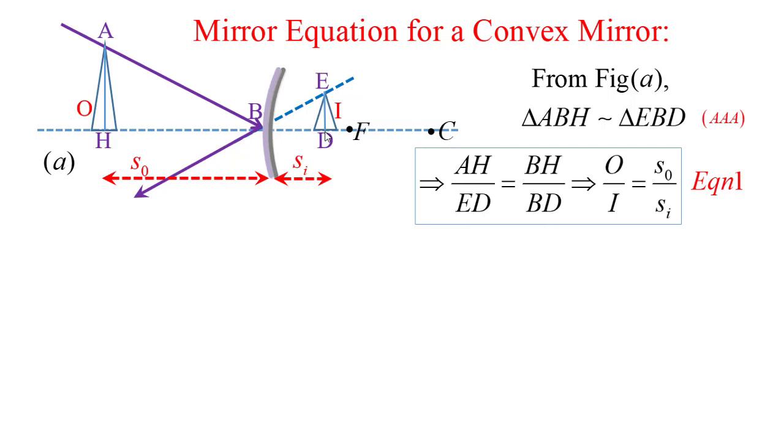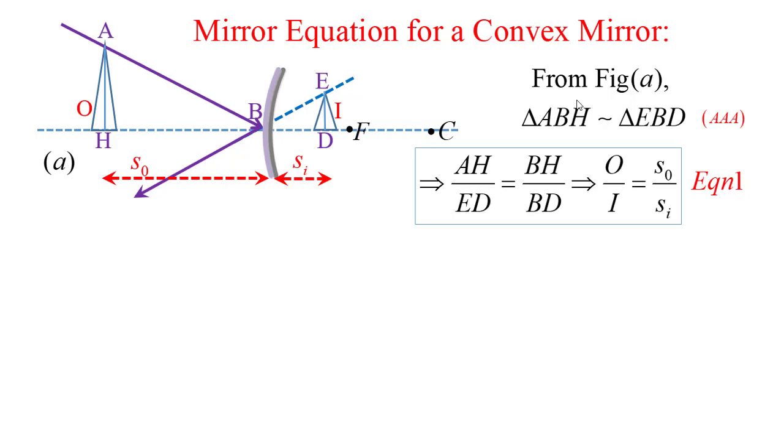Then, consequently, AH divided by ED is equal to BH divided by BD. Have your own time to verify that. This is simply coming from the fact that the ratio of the corresponding sides of similar triangles must be proportional.